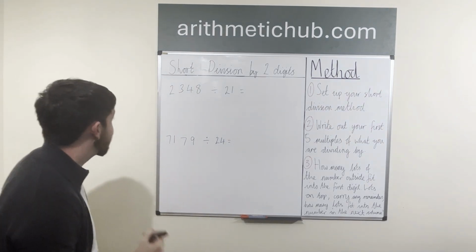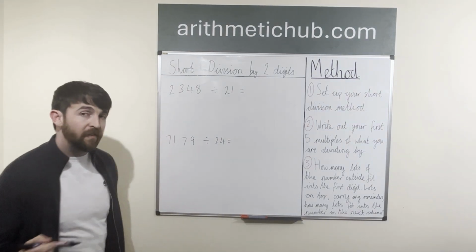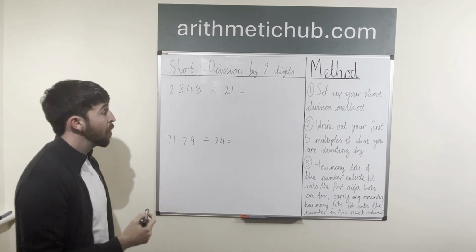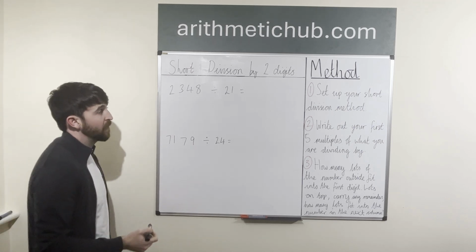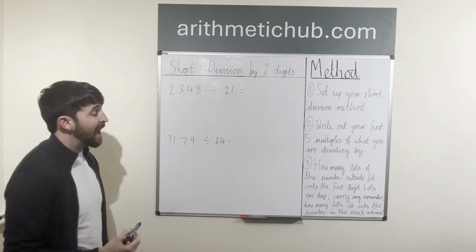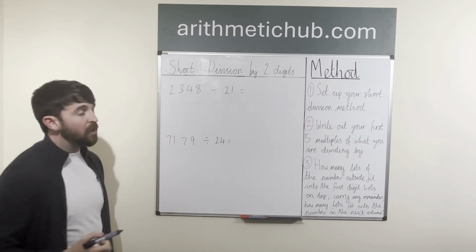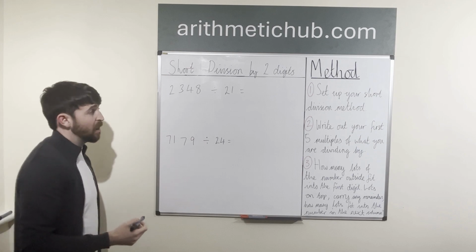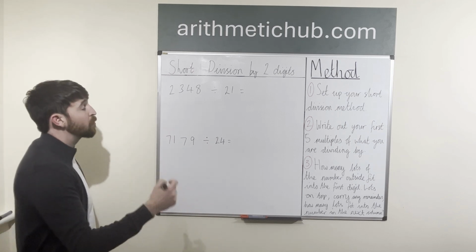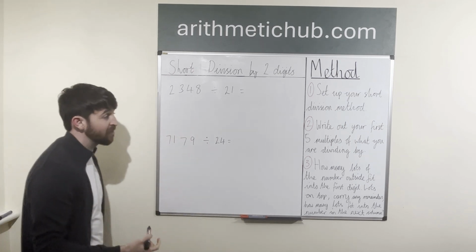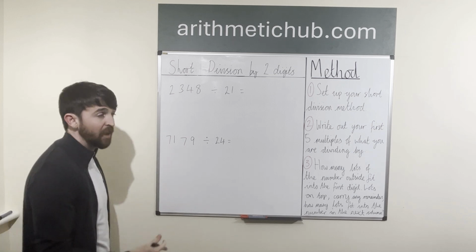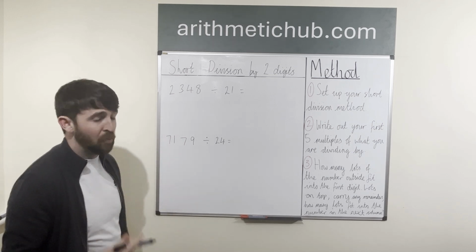Hi everyone, so today we're having a look at short division by two digits. Usually if you've got a two-digit division, you would do a long division method. But what I would usually say to the classes that I've taught is that if the number you're dividing by is between 11 and 25, it's probably quicker and easier to do it this way, because otherwise you'd be taking so many lots off that it goes all the way down your page and you're much more likely to make a mistake.